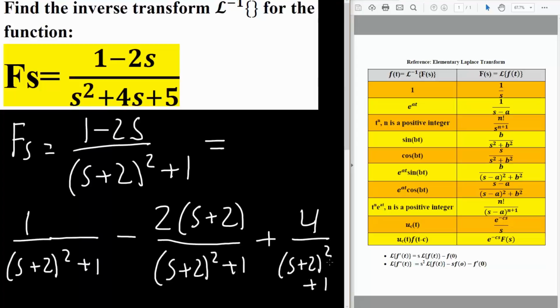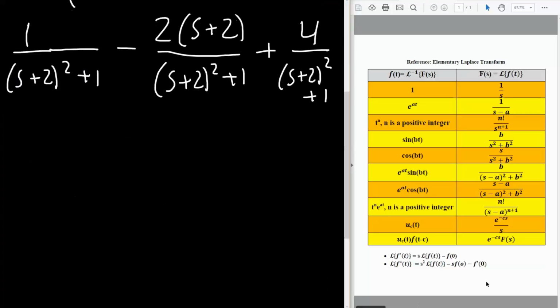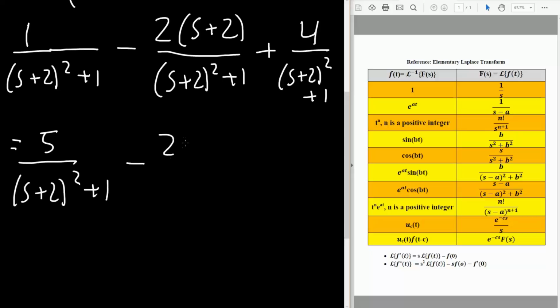I'm going to scroll down a little bit, and next we will group. So we have 1 plus 4, so we can say 5 divided by (s plus 2) squared plus 1 minus 2 times (s plus 2) divided by (s plus 2) squared plus 1.